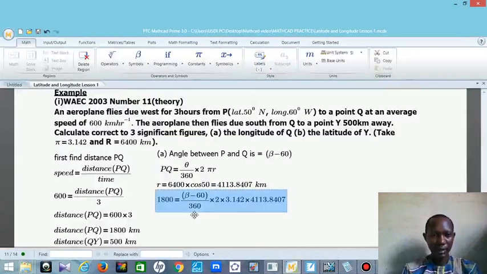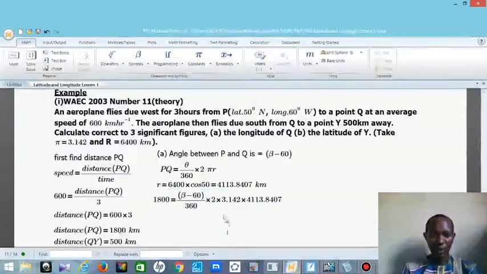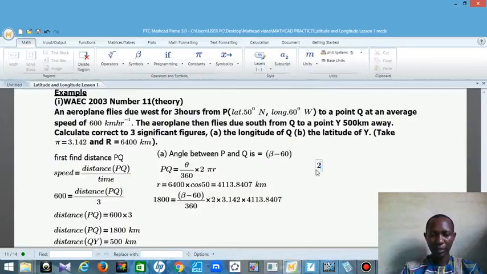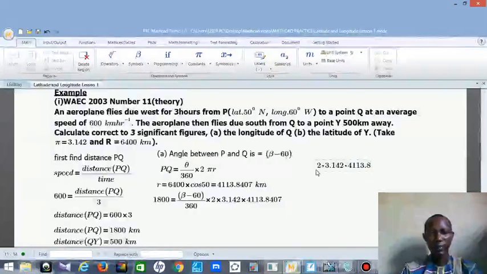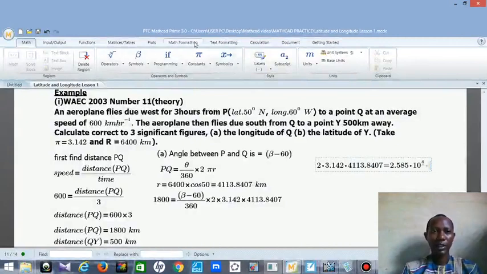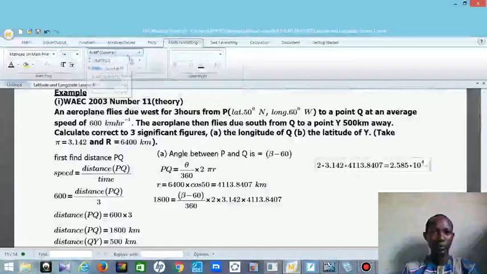Alright, then the next thing is, let's solve this one. We are going to have 2 times 3.142 times 4113.8407. Let's put it in decimal form.